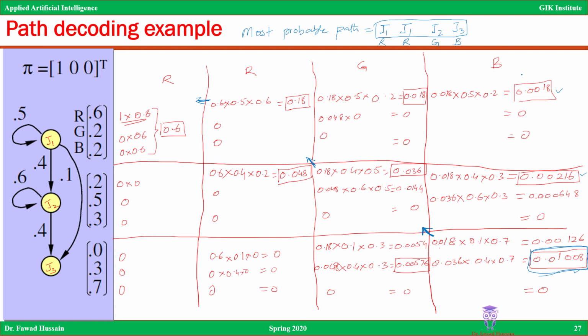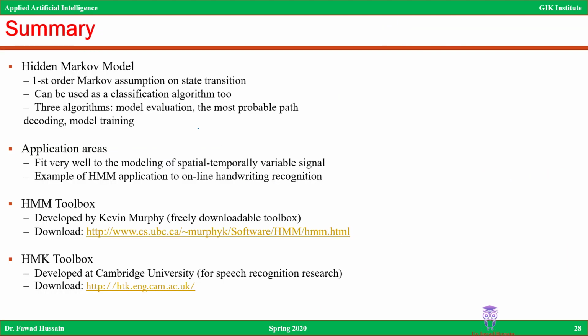So when we were calculating this, we only used this probability and not all the previous probabilities, because this probability already contains all the previous probabilities. It can be used as a classification algorithm too. We did not see that because we didn't do the third part. And there are 3 algorithms: model evaluation, we did that; most probable path decoding, we did that; model training, we skipped this part.